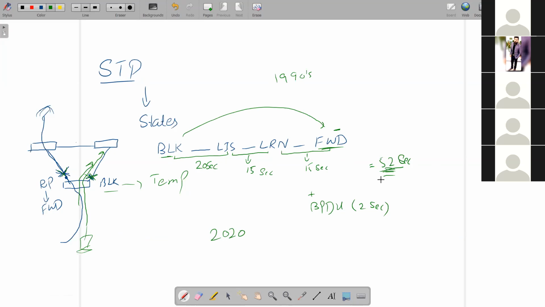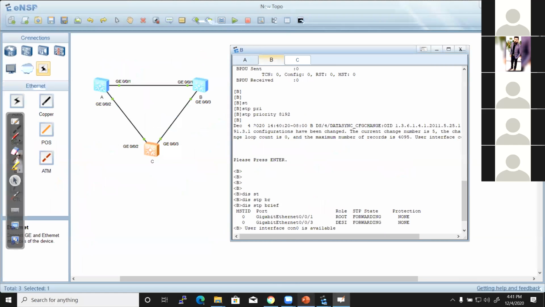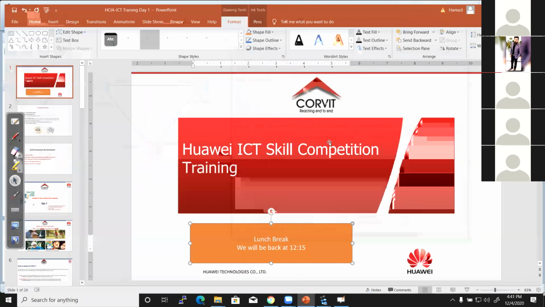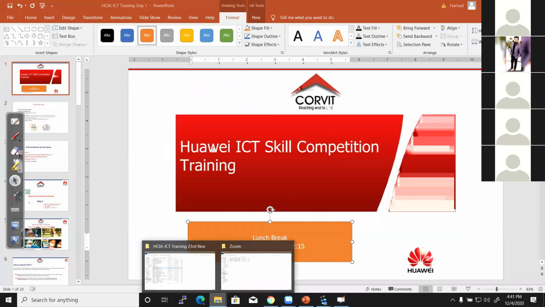So then developers introduced another flavor of STP, that was RSTP, Rapid Spanning Tree Protocol, the rapid version of STP. All the algorithm is the same, all the calculations are the same, but what's the difference? The difference is, let me show you some stuff I have on my machine.